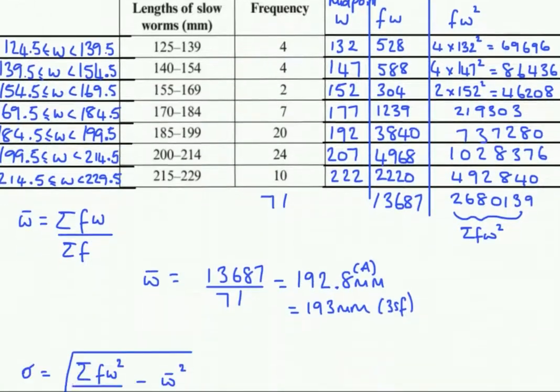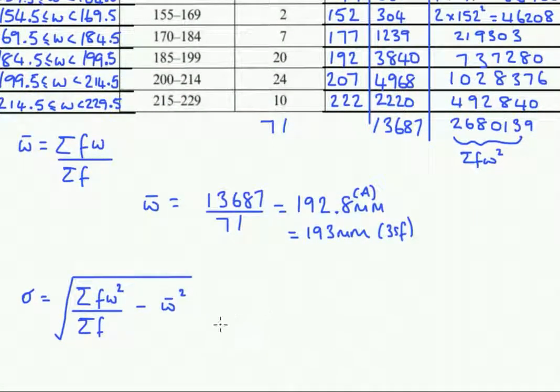So we can now use the formula that I wrote down here. We can type this all in on the calculator in one go, or you can do a bit at a time. 2680139 divided by 71 minus the mean squared.